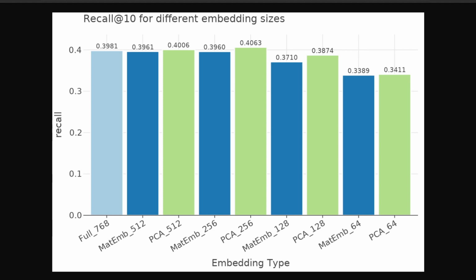So perhaps using the slicing approach to reduce the dimensions might make sense, even though the performance is slightly lower compared to PCA in almost all of the cases. And using the full embeddings here, at least for this dataset, does not really make sense because it takes a lot of memory. Second, this also has lower recall compared to using lower dimensional embeddings. So there's really no benefit of using the full embeddings here.